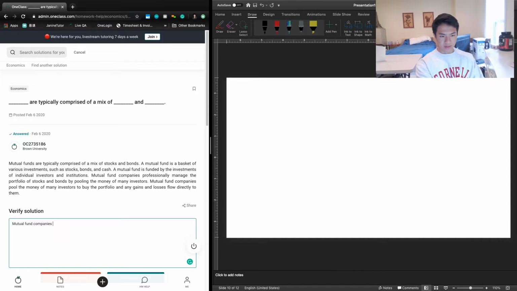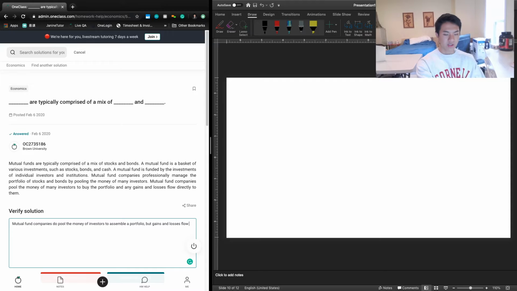Mutual fund companies do pool the money of investors to assemble a portfolio, but gains and losses flow directly. Oh, I see. Maybe they mean by directly as in the fund initially gets the gains and losses, but the fund always has to pay out those gains and losses back to investors.